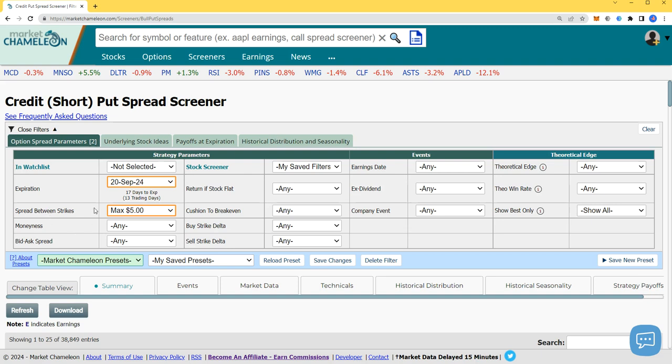Now the spread between the strikes, just so you know, is how much you're going to pay for collateral minus the income that you get. The default here is 5, meaning let's say the stock price is at $100, just for the example, then the maximum that you will see in the results is 5.